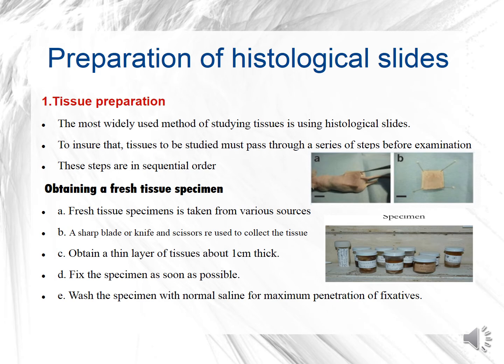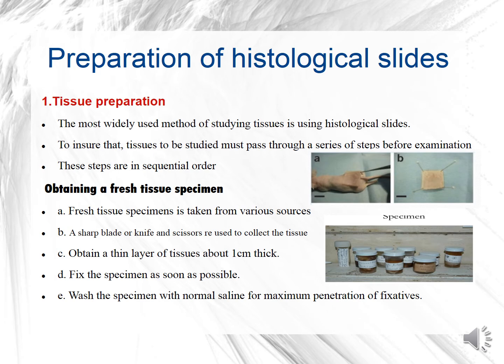So the first step is obtaining a fresh tissue specimen. The fresh tissue specimen is taken from various sources. Whichever tissue we want to cut serial sections of or study as a histological slide, that tissue is taken with the help of a sharp knife or blade and scissors.